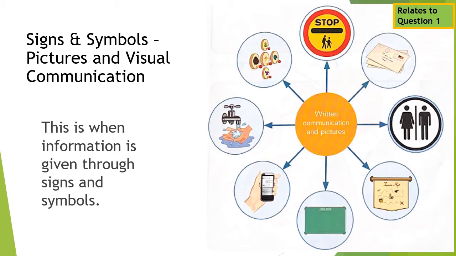So the symbol: a child might know that they've got a rainbow on their coat peg. So it's a visual image, a sign for them to go and put their coat there. You can see the tap, showing where to wash your hands, where the sink and taps are. You've got the mobile phone, text messages, notice boards, maps, toilet sign, and letters there. So that's some good examples for you to know about signs and symbols.